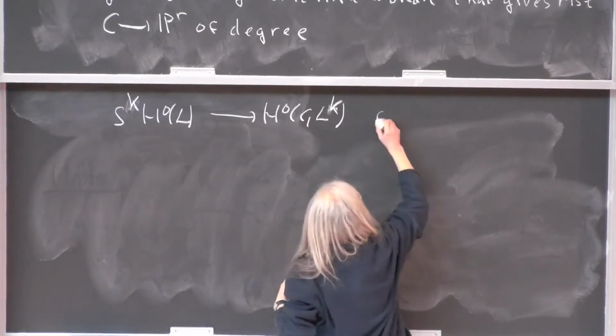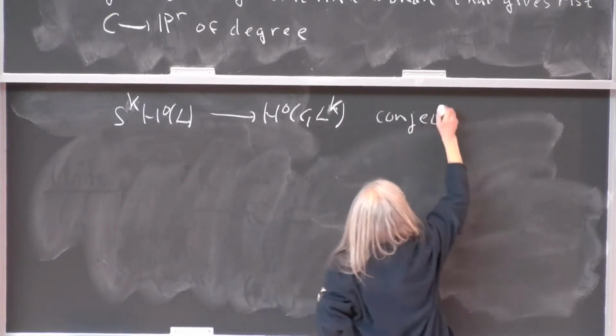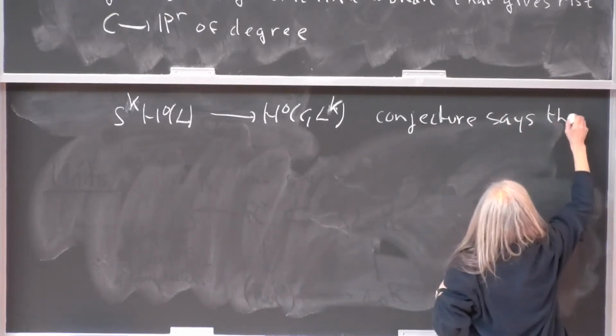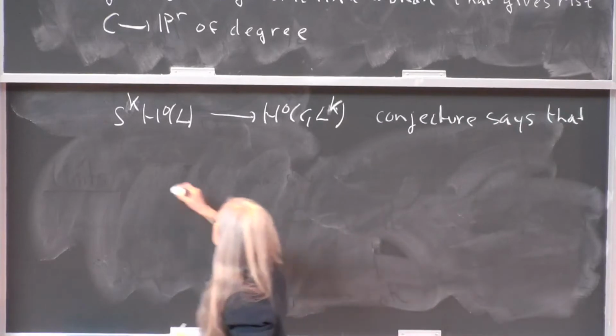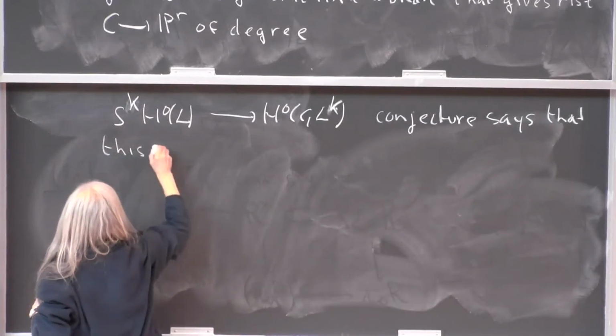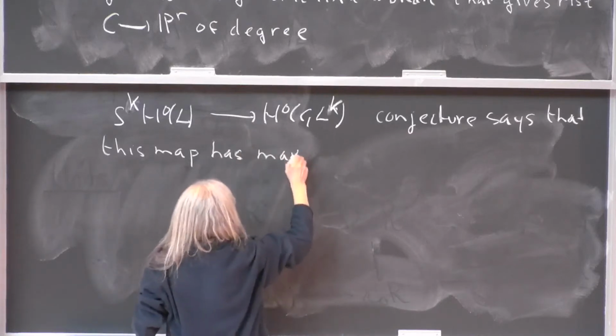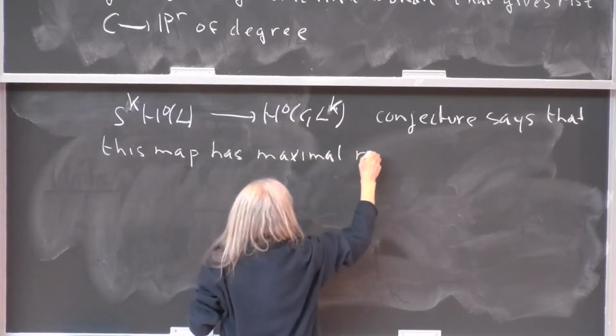So the conjecture says that this map has maximal rank.